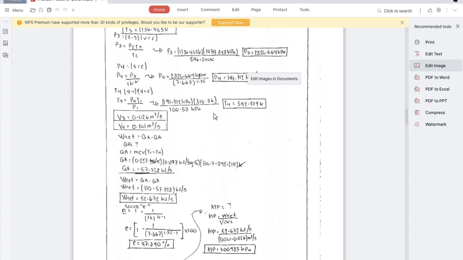So the final answer for e is 47.890%. And lastly, the formula for the MEP is equal to W net over V displacement, or W net over V1 minus V2. For the MEP, 52.672 kJ per second over 0.201 minus 0.026 cubic meter per second. And the final answer we get for MEP is 300.983 kPa.